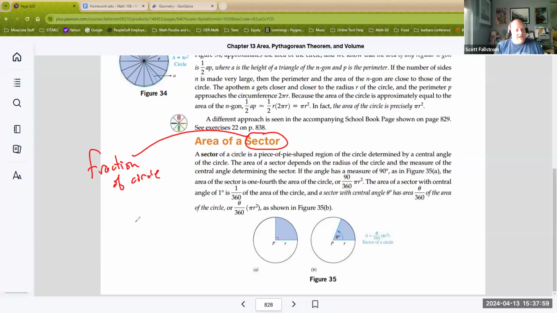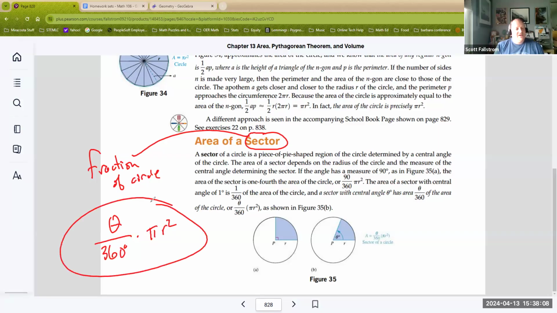So take your angle, whatever it is, out of 360 degrees and multiply by the whole area, which is pi r squared. This is almost the exact same thing that we had when we did arc length, because arc length was just an angle out of 360 times the circumference. So that's the only real difference there between those.